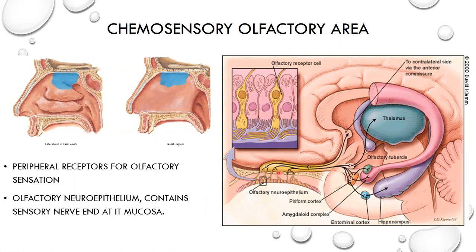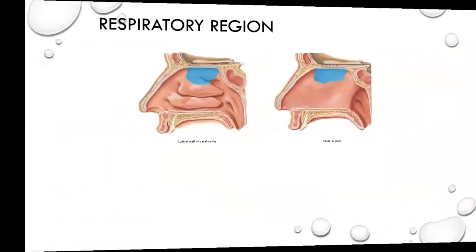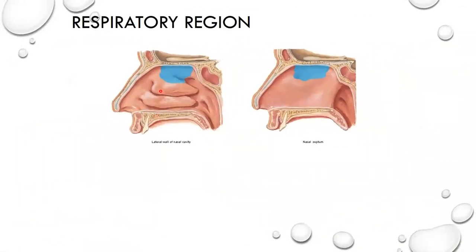The olfactory neuroepithelium contains sensory nerve endings in its mucosa. So the vestibule is here, the second region is the chemosensory olfactory area, and the third is the respiratory region.